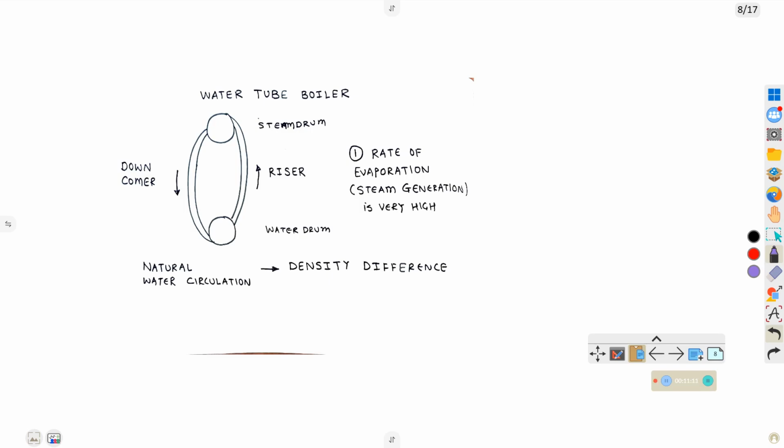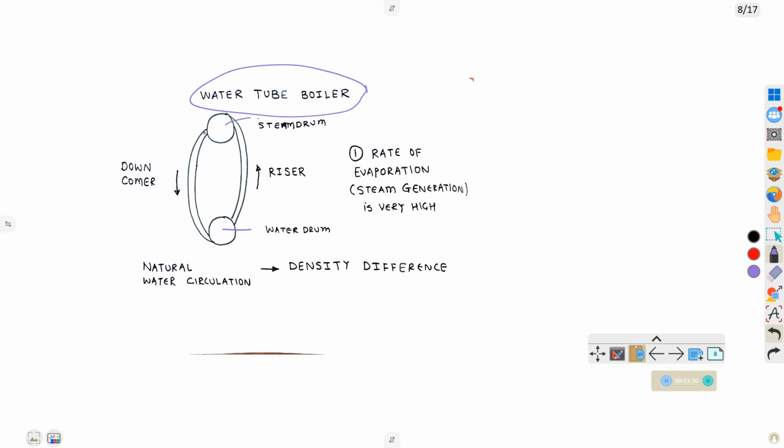So you have seen the smoke tube boiler. Now this is the water tube boiler. In the water tube boiler there are two drums. One is the steam drum, with steam at the top, and the other is the water drum.